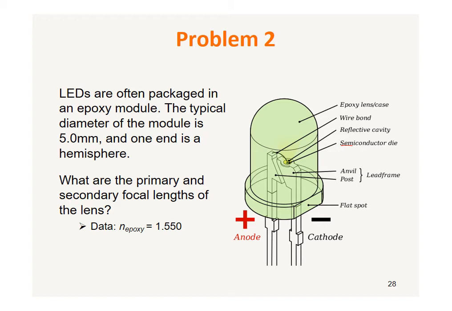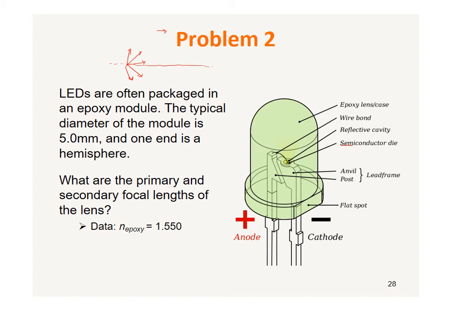And so that tiny little chip is going to be emitting rays in all directions, isn't it? Which is not much use. That's going to waste a whole lot of light, isn't it? If all you want is for the light to go in the forwards direction. So you want to make sure that light goes in the forward direction.